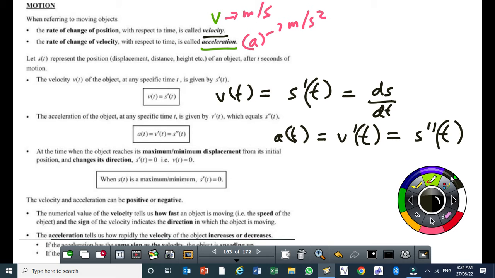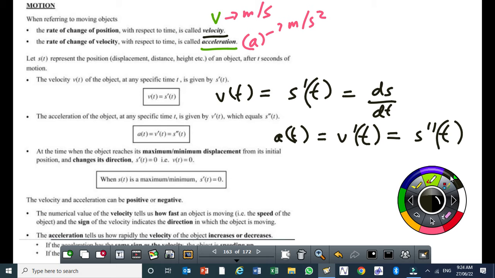Okay? Velocity is just the rate of change of position of an object. And it has got both a magnitude and a direction. So velocity is also related to speed, but speed has no direction, but velocity has got direction.